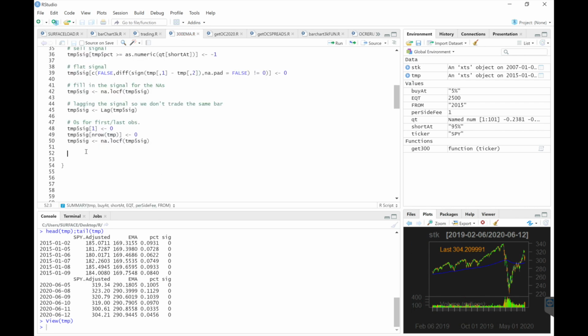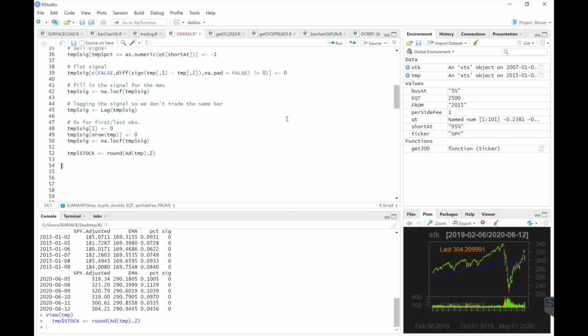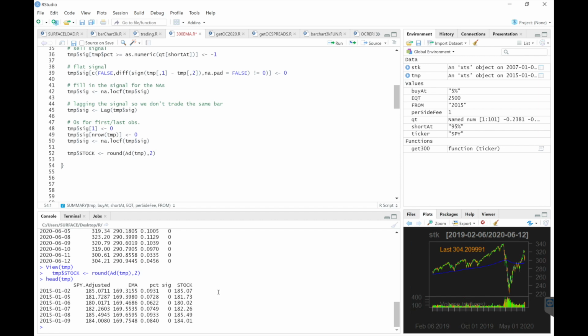Great. Alright guys, so now I'm going to start adding columns to keep track of our trades. So the first column I'll add will be stock, which is our stock price for that day. But I'm going to round that to 2 decimal places. So this is our stock column now, and we're going to use it to make calculations later.